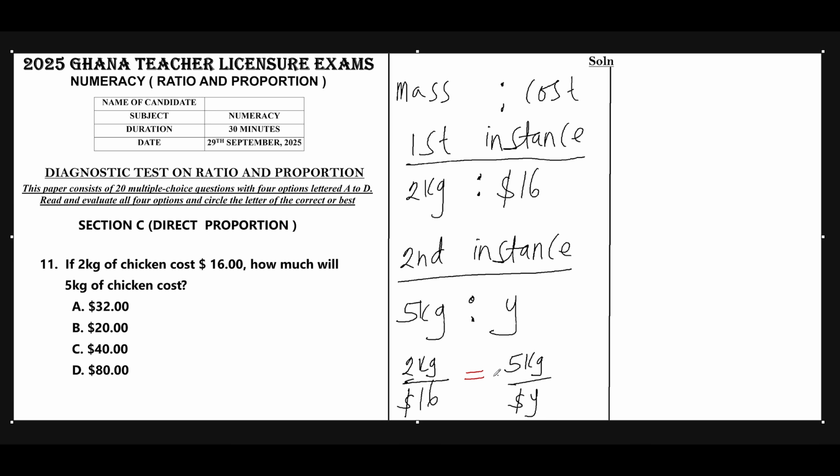So I'm doing away with the units. The first instance, we have 2 out of 16. And this must be equal to 5 out of Y. Since we are looking for Y, we just have to cross multiply.